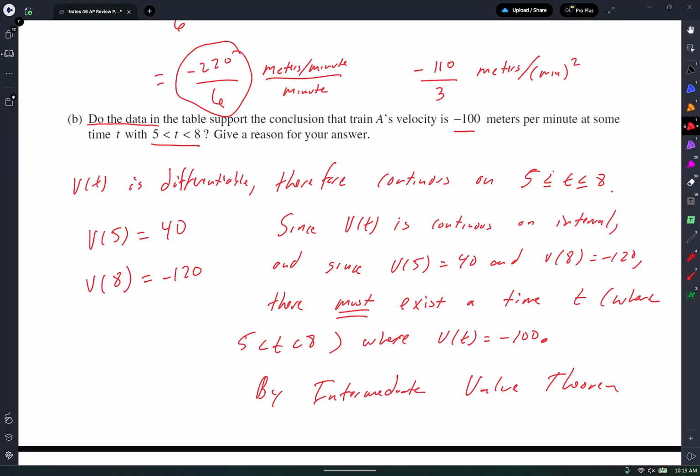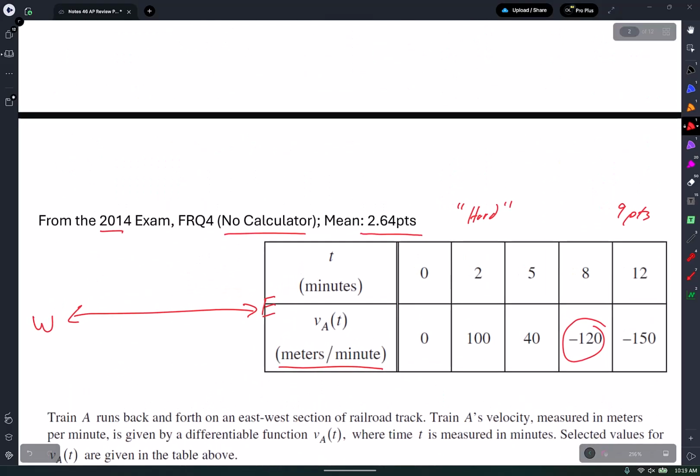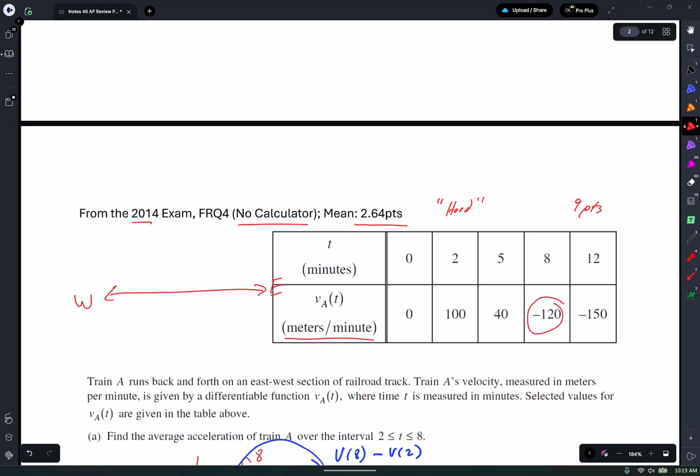Remember, for it to be differentiable, you have to have a nice clean curve with no corners, cusps, or jumps. Velocity must be differentiable because this is a train. A train's not going to go from 100 meters per minute to 75 meters per minute at a moment's notice. So we use logic?